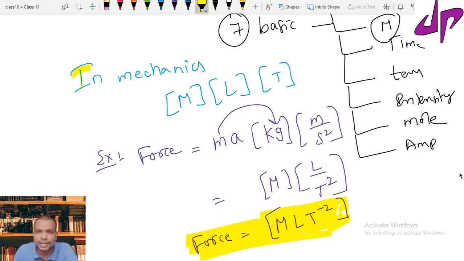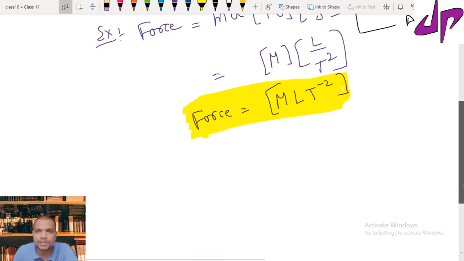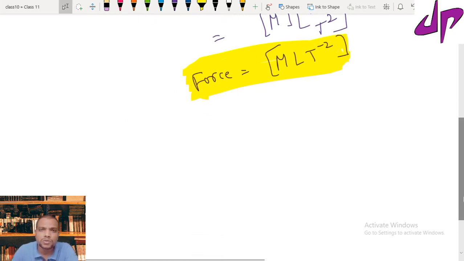Likewise, any derived quantity other than the basic quantities, if we represent it in terms of mass, length, time, that becomes the dimensions of the physical quantity.